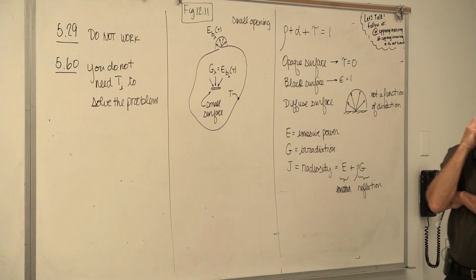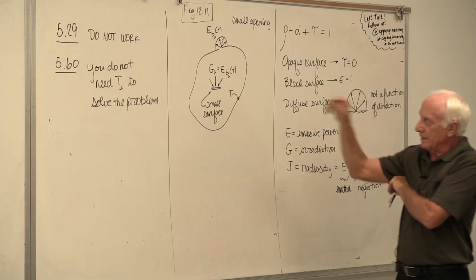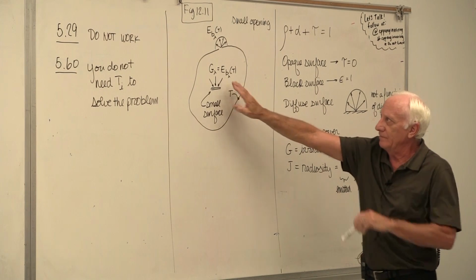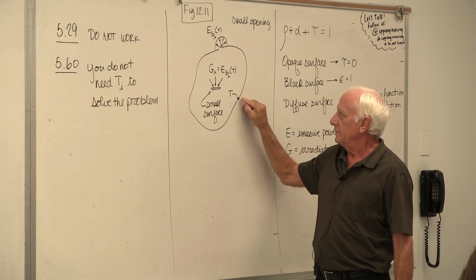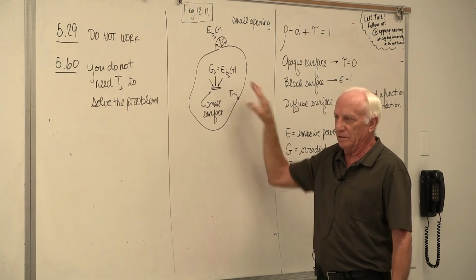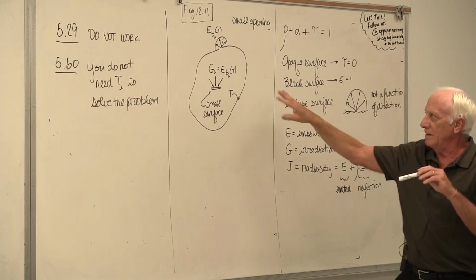This is a model of a large enclosure. The enclosure walls are kept at a temperature T. Forget the middle part. There's emission from the walls in the enclosure. It bounces off the walls. It's reflected. It's absorbed. It bounces around here.